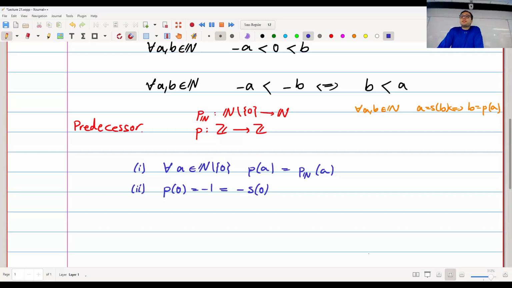Now I have my predecessors for my positive numbers. I have my predecessor for 0. I have to define predecessors for negative numbers. So this is my third rule. I want to say for every natural number A, which is not 0, what is the predecessor of -A?